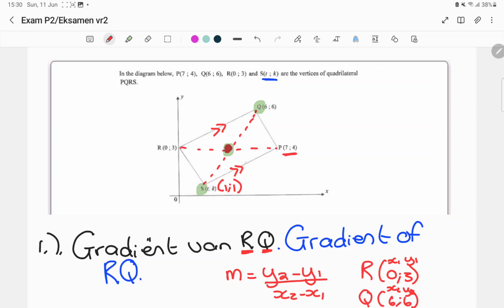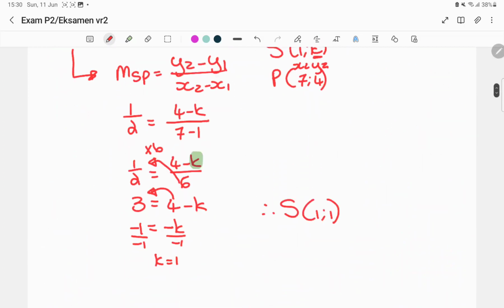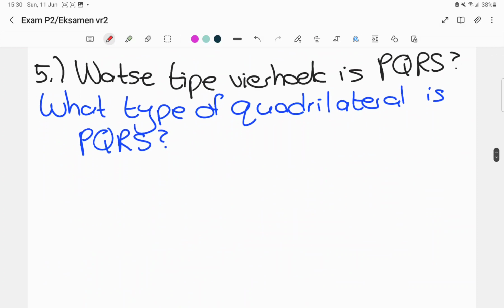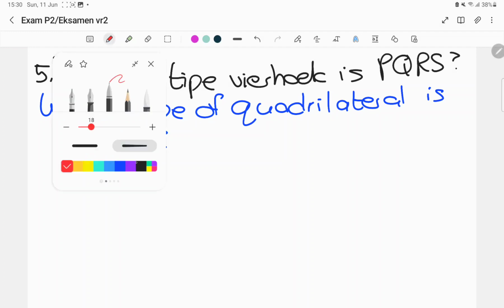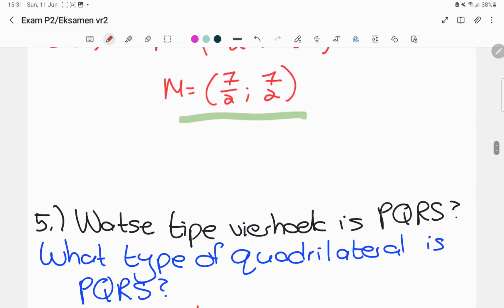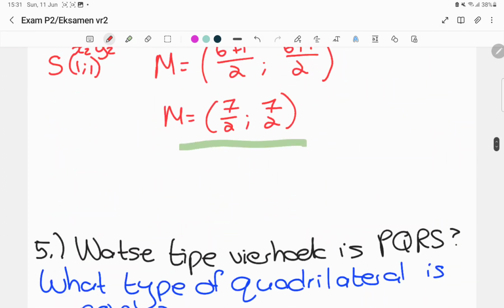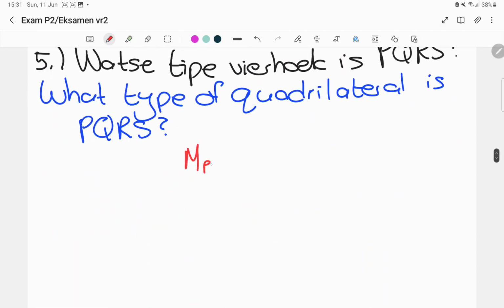Alright, so in the last question they ask us, what type of quadrilateral is PQRS, or wat se tipe vierhoek is it? So the fact that I can see that my midpoint, okay, so the midpoint of QS is equal to the midpoint of RP. Okay, we already calculated that.